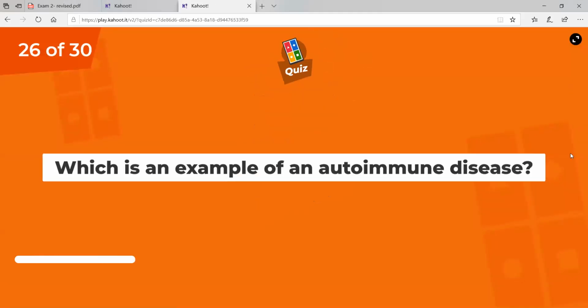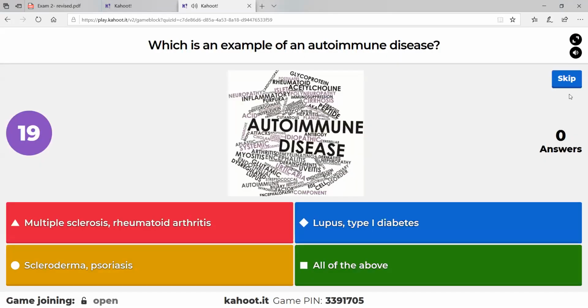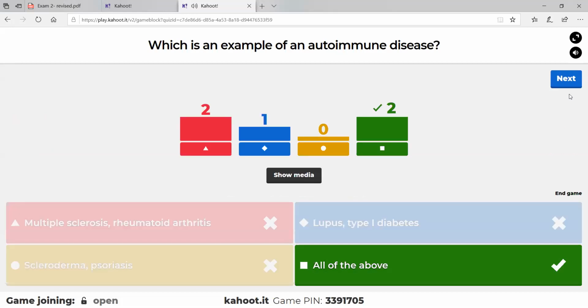All right, and then which is an example of an autoimmune disease? These are. So MS, rheumatoid, lupus, type 1 diabetes, scleroderma, and psoriasis, all of those are autoimmune.